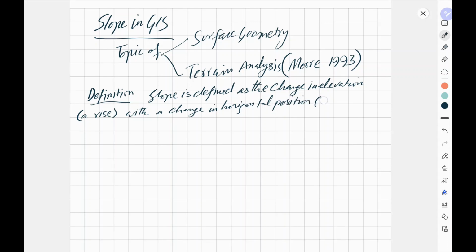Horizontal position is also known as the run. So this is one of the definitions of slope.